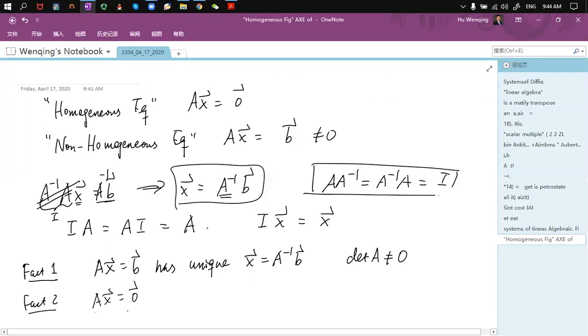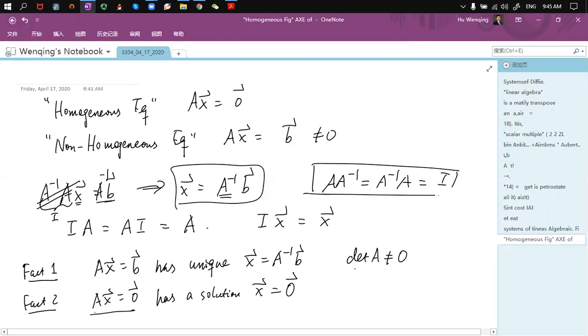Suppose AX equal to 0, anybody has a solution? X is equal to what? Zero vector, right? I like your answer, you made my day. If you have AX equal to 0, the solution obviously can be X equal to 0.